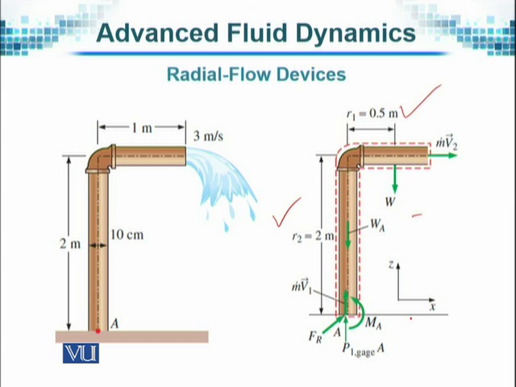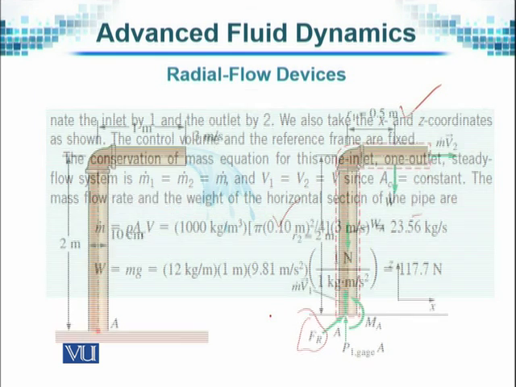The horizontal coordinate is the direction x, and the vertical coordinate is the direction z. The fluid rate going out is m dot V2, that is the velocity at this point times the rate of change of mass being thrown out. And Fr is the resultant force acting here, which needs to be calculated.